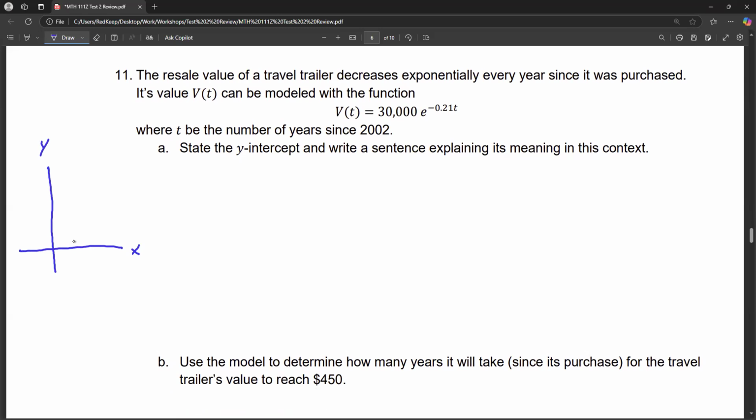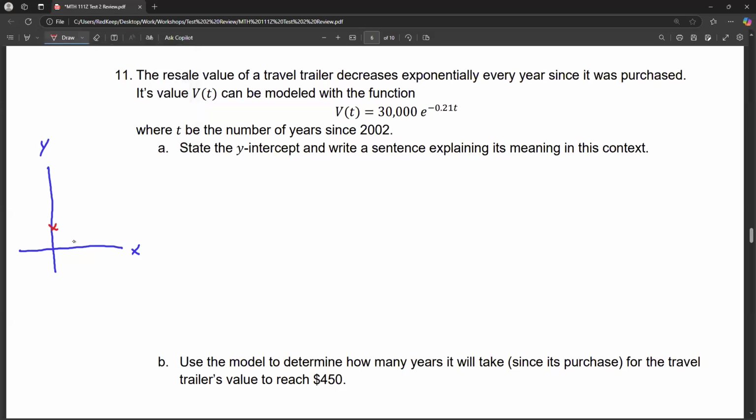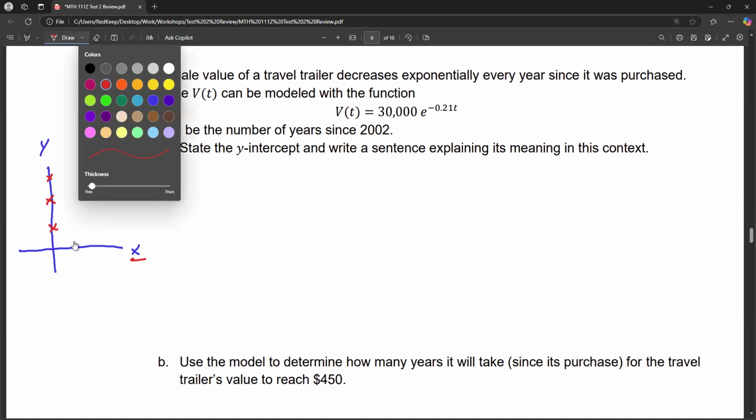But if I'm hanging out anywhere on the y-axis, what is always true about the x value? We know that if you're on the y-axis, your x value is equal to 0, right? So that is what we're going to use here.